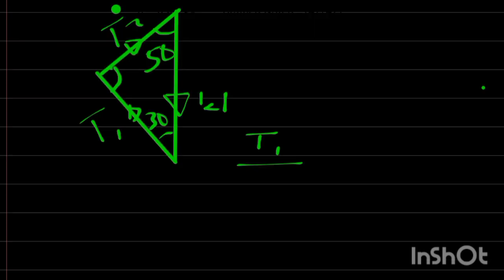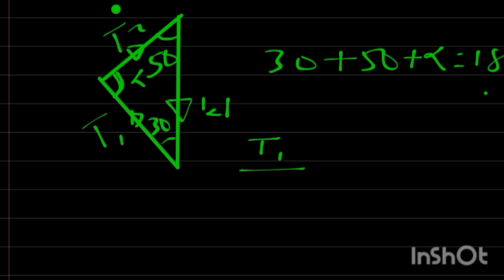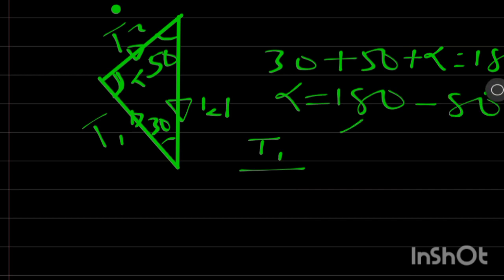Let's calculate the angle here using the sum of angles in a triangle. Let's say 30 plus 50 plus alpha is equal to 180. Let's represent the angle with alpha. Therefore, alpha is equal to 180 minus (30 plus 50), and 30 plus 50 is actually 80. Therefore, my alpha is equal to 100 degrees.